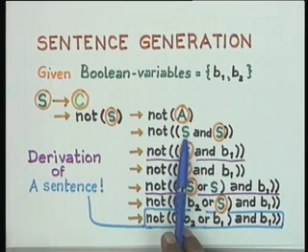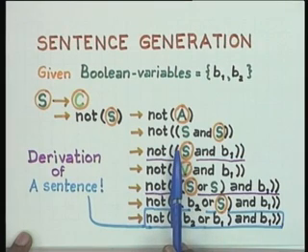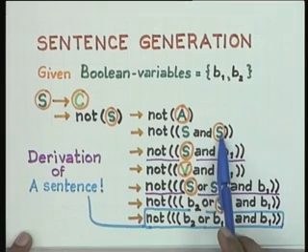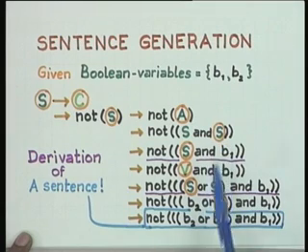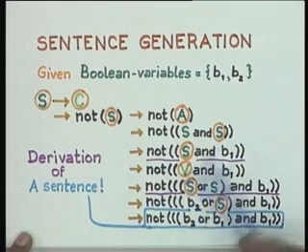So, if we had chosen to apply a production on this S, always keeping in mind that this is the ultimate sentence that we have to generate, what we would have got is not open bracket V and S, and then again we have the possibility of either firing this V or this S, and we could have chosen any one.